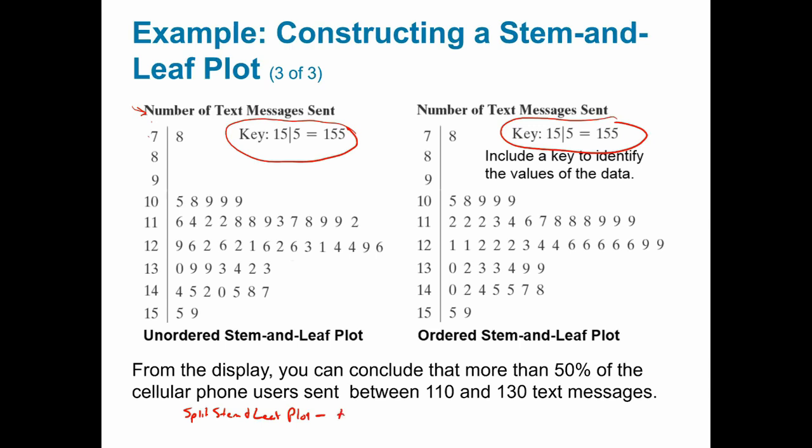So you have 2 rows for each stem. So the first row only gets leaves of 0 through 4. And the second row, so you're splitting them in the middle, second row gets leaves 5 to 9. That's it for a split stem and leaf plot.